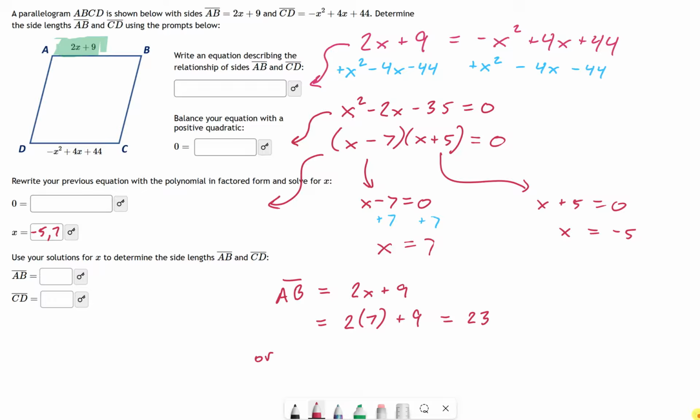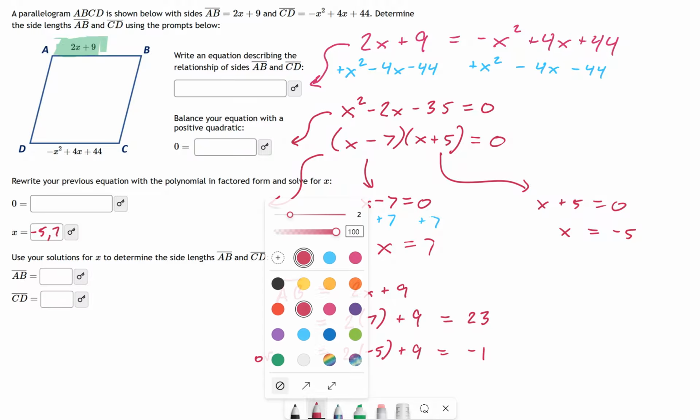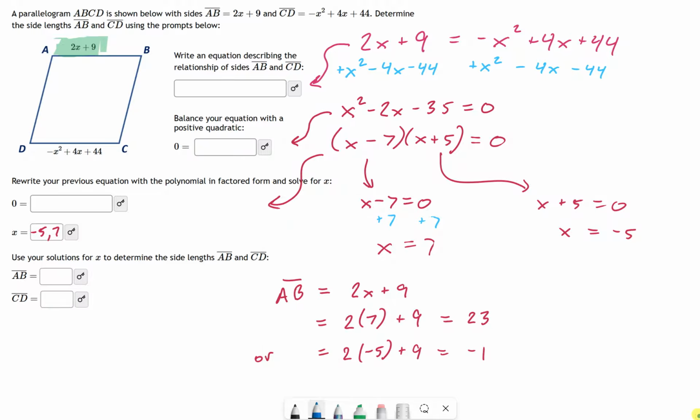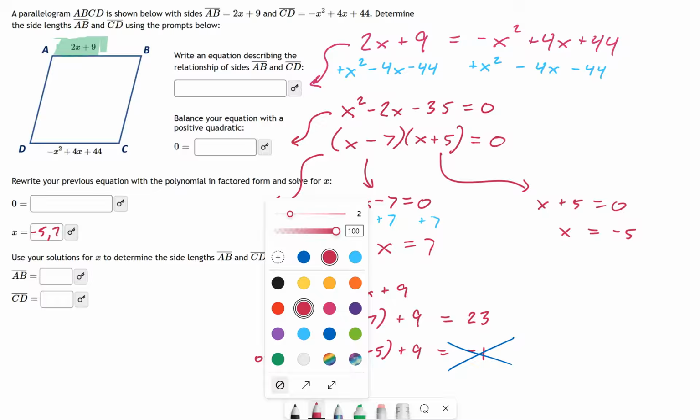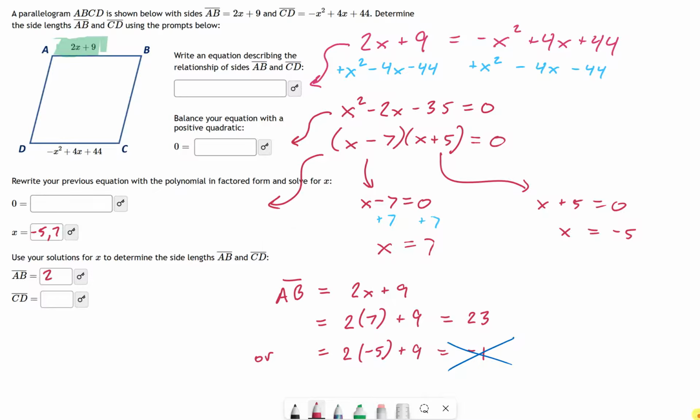Or you can plug in the other one and say 2 times negative 5 plus 9. Well, that's negative 1. So which one of these things seems reasonable? Hopefully, you've got an instinct that negative side lengths are bad news. So we're going to take the positive one, and there's always going to be just one answer, and that is our side length of AB.